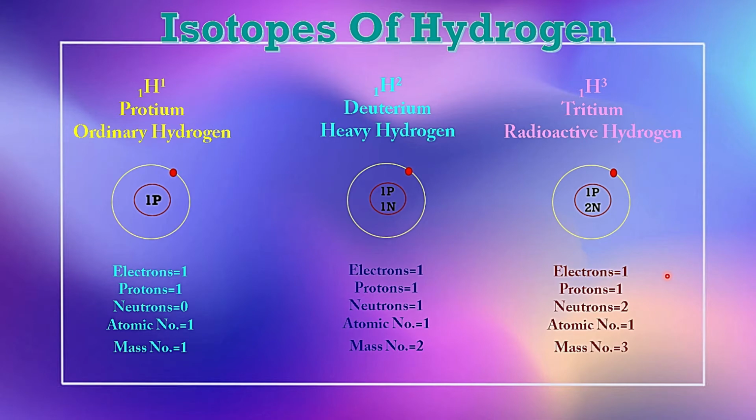The subatomic particles of this isotope are: electrons 1, protons 1, neutrons 2. Therefore the atomic number is 1, but now the mass number is 3. So these three are isotopes of hydrogen. These are species of the same element having the same number of protons but different numbers of neutrons. Now you understand what isotopes are, and these are naturally occurring.